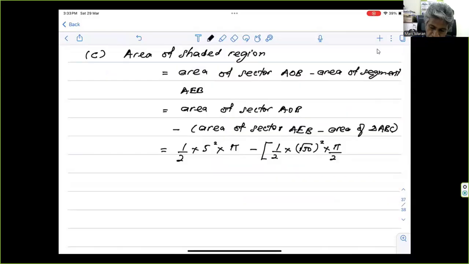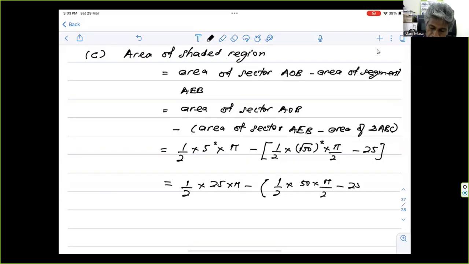Minus area of triangle, just calculated just now, it will be 25. So if you work it out, you'll get half times 25 times pi minus, inside this bracket, you'll have half times 50 times pi over 2 minus 25.